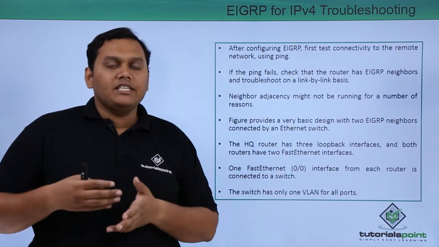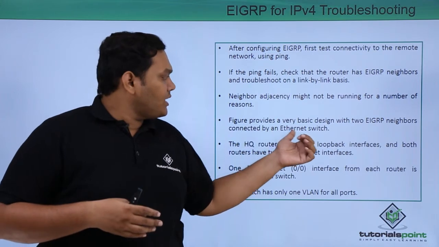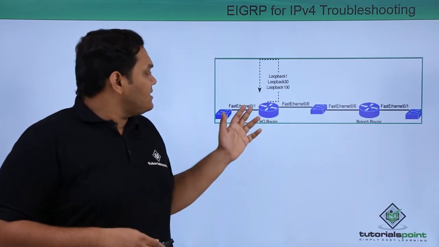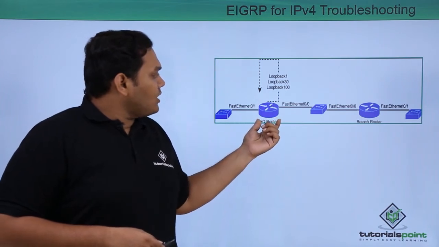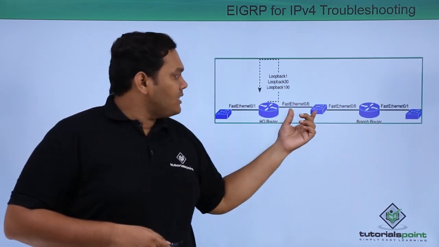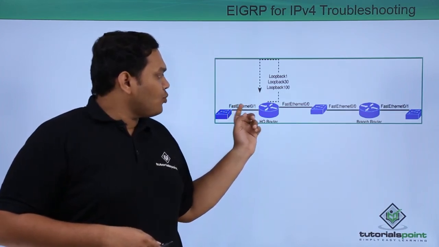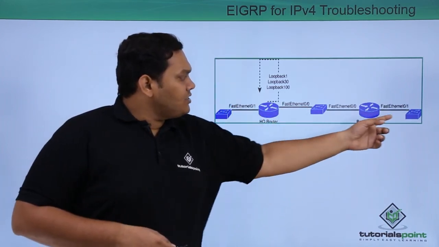The basic design with two EIGRP neighbors connected to the Ethernet switch is shown in the next diagram. In the diagram you can see that the headquarters router and the branch router are connected through switches here. This is FastEthernet 0/0 and 0/1.